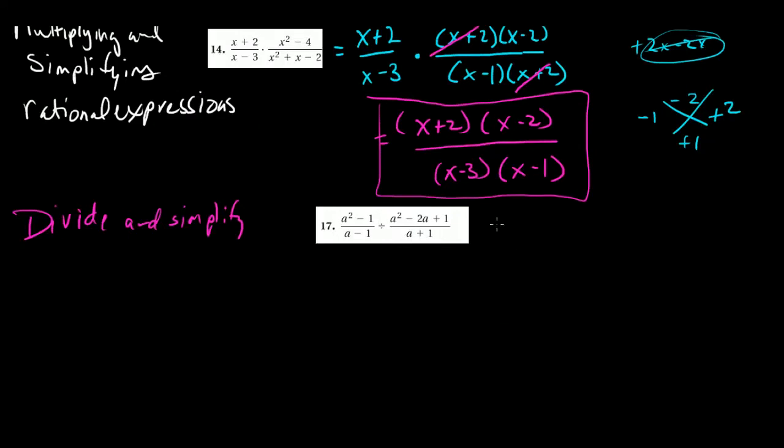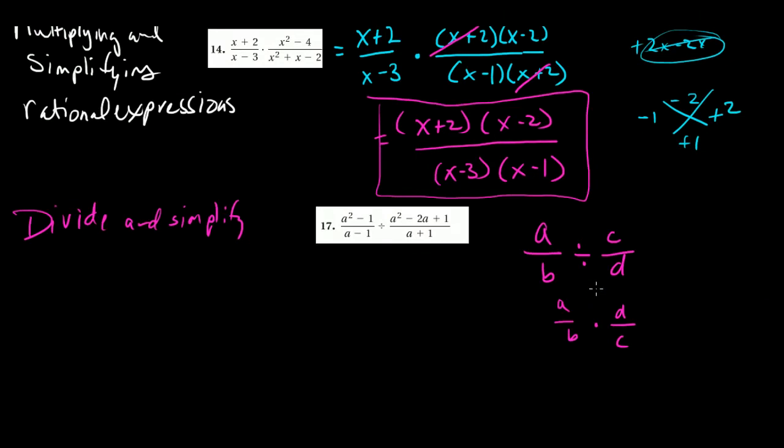Now remember, when we're dividing any numbers, what we do is we take the reciprocal of the second number and we multiply it. Dividing is the inverse of multiplication.